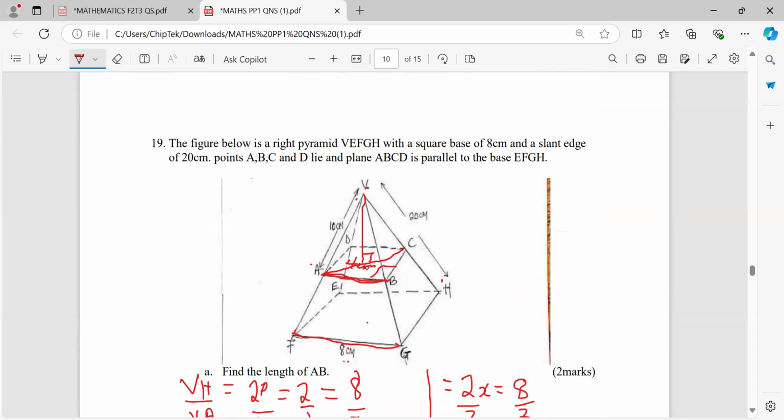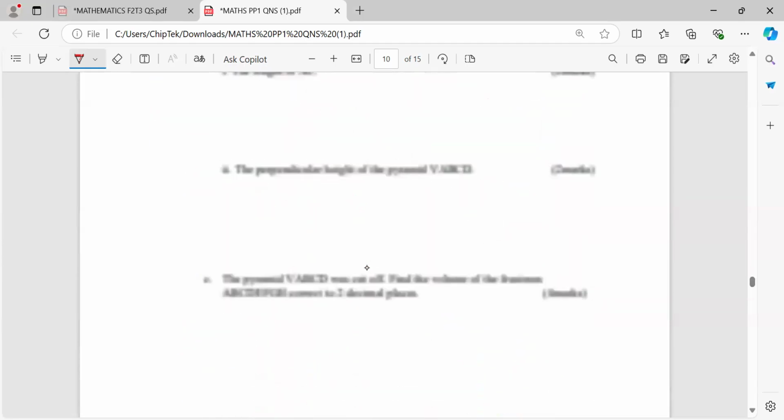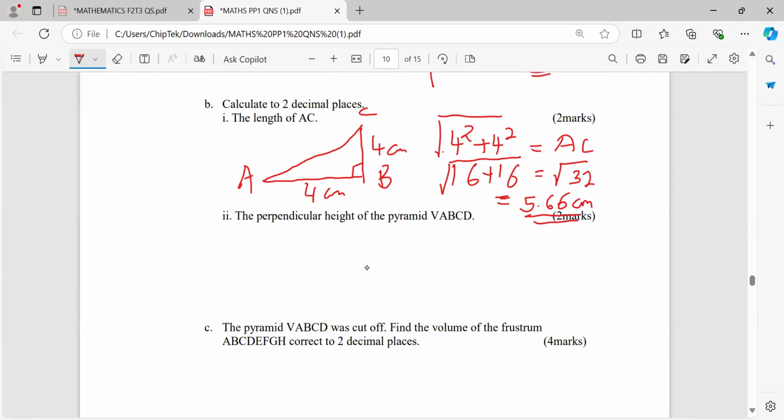So utajua kutoka A mpaka C, hii V ukishuka yakata hii 4 na hii AC mara mbili, so kama ni 5.66 divide na 2 utapata hapa, na hapo tayari wajua ni 10, haibadiliki, hapa ni 10, hapa ni 10, so the same thing tutafanya. So you draw a triangle.